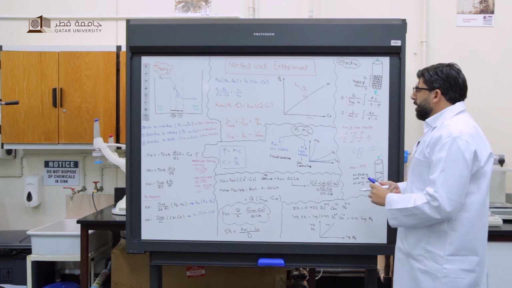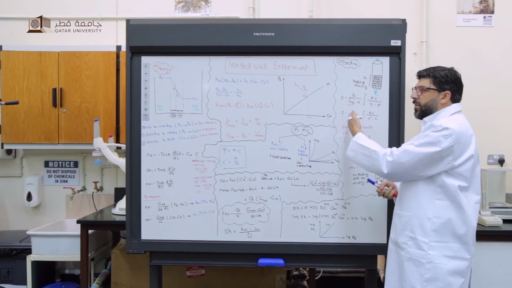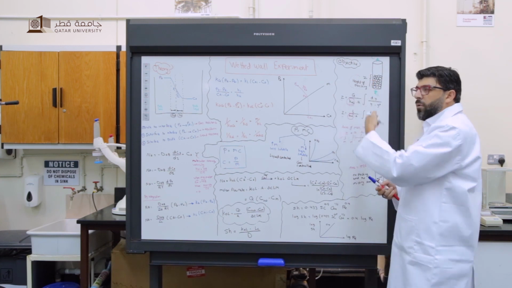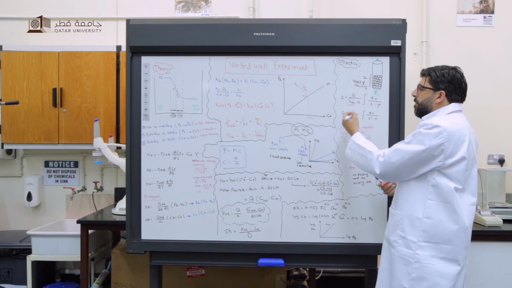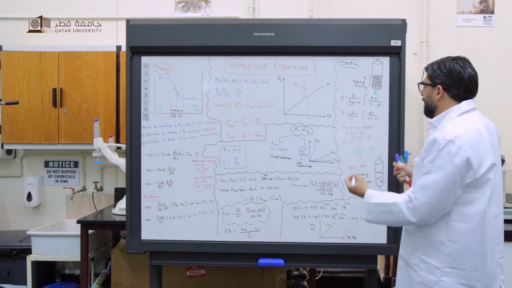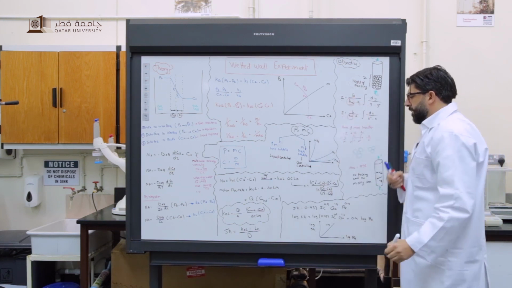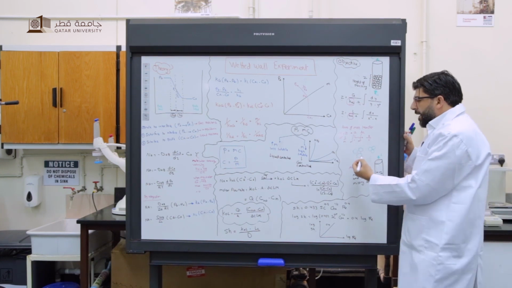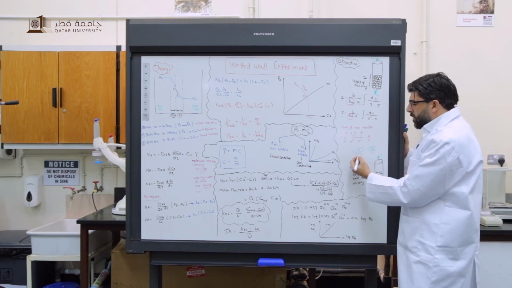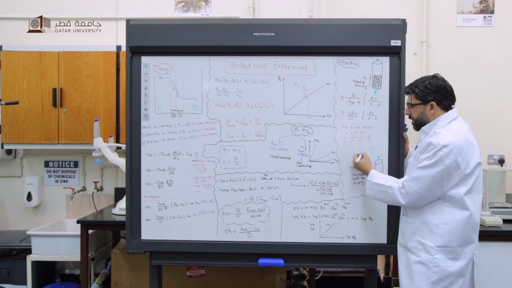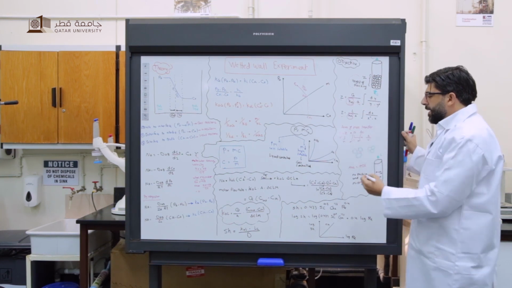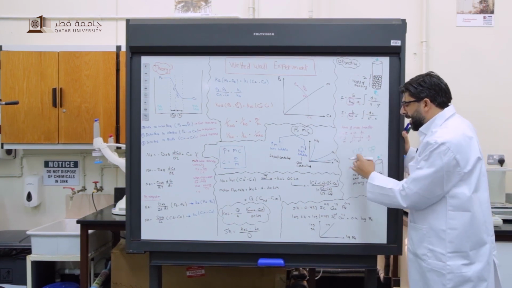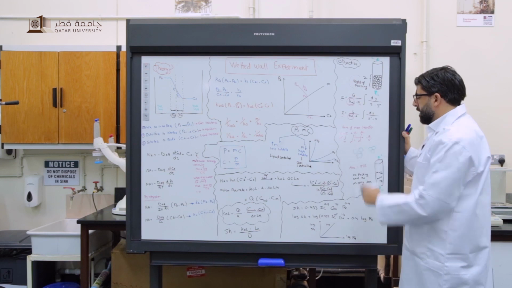This equation can be used with the packing column to find the KOG, but the problem is regarding the area. If I have a packing, this is the surrounding surface area, so the total surface area is A, and it should be the interface area between the liquid phase and the gas phase.